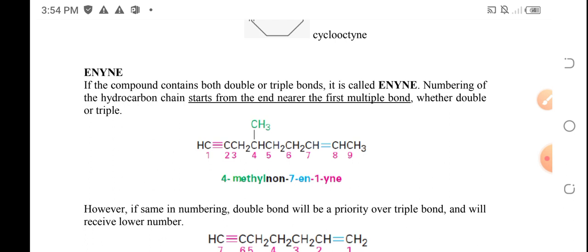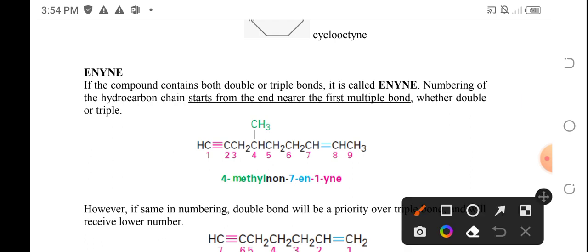Kini-carry pa rin natin yon, pero ang kakaiba lang dito kay alkyne ay yung pag-number. Kasi nga, dalawa na yung functional group dito. Okay? So, let's have the first example. So, here, meron tayong structure at ang nangyari is the triple bond is on the far left while the double bond medyo malapit siya sa right.